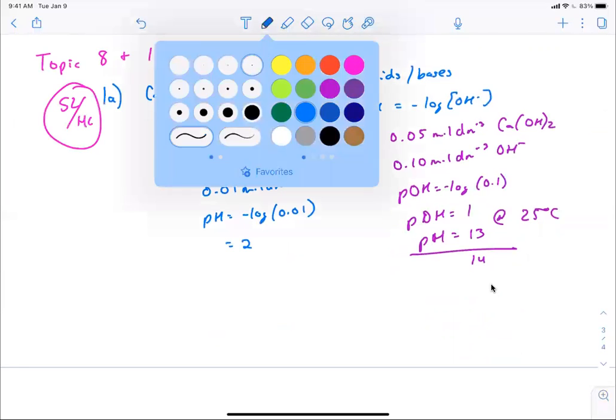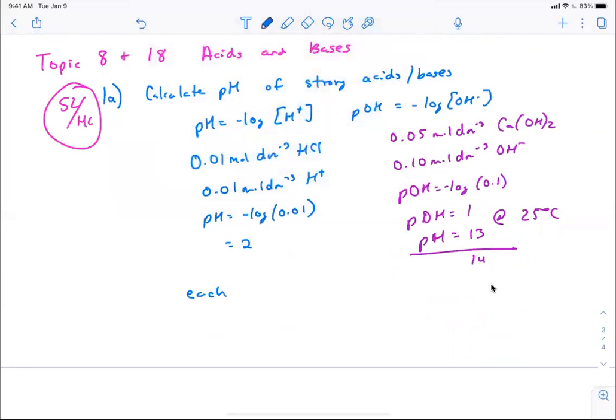And a side note here, each pH unit is a factor of 10 in concentration. So every time you change the pH by 1 unit, you're changing the concentration of the solution by a factor of 10.